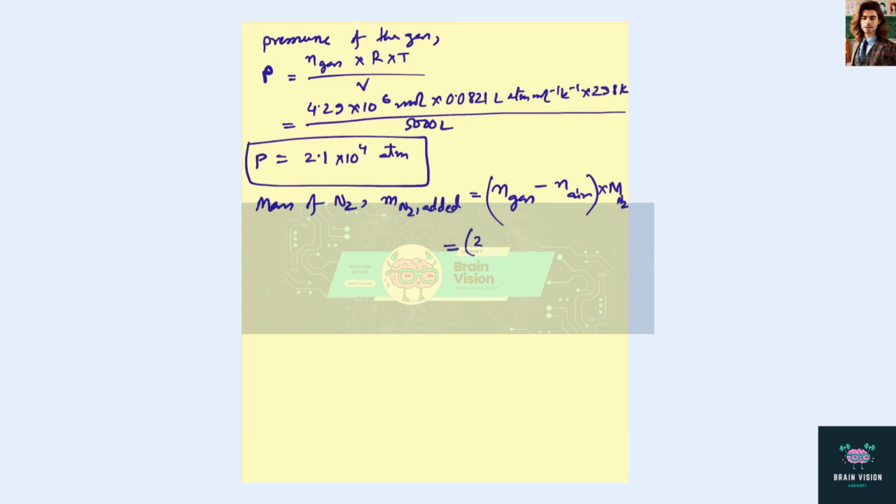Therefore, the number of moles of gas is 4.29 multiplied by 10 to the power 6 minus 204.3 mole multiplied by the molar mass of nitrogen, which is 28.02 multiplied by 10 to the power minus 3 kg per mole. Therefore, we get the mass of nitrogen is 1.2 multiplied by 10 to the power 5 kg.